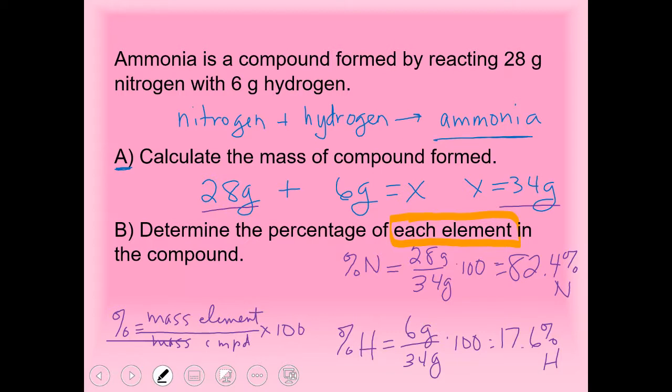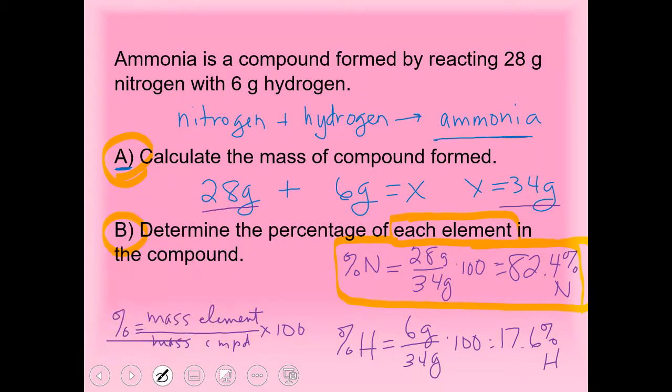Some of the problems that you will come across in the book might just ask you to find one of them, like what's the percentage of nitrogen in this compound, in which case you maybe only had to do this problem. Quite often you have to do a law of conservation of mass problem first, and then do your law of definite proportions problem second.